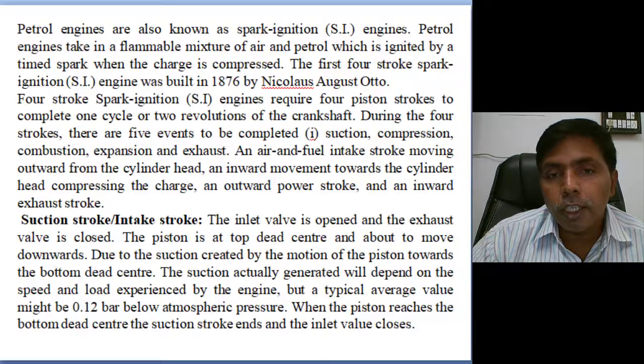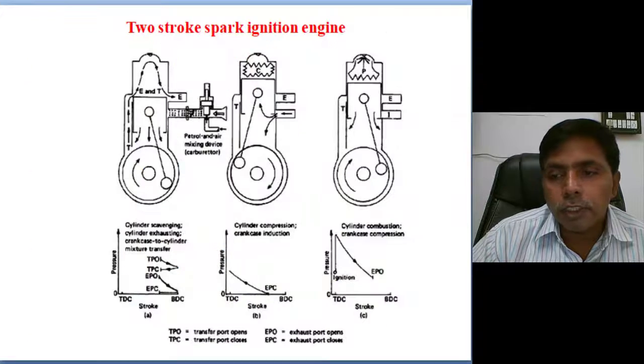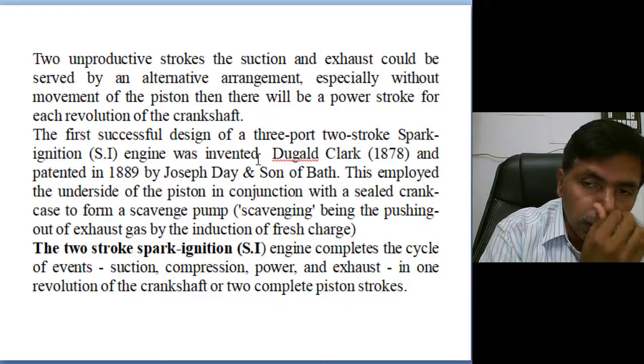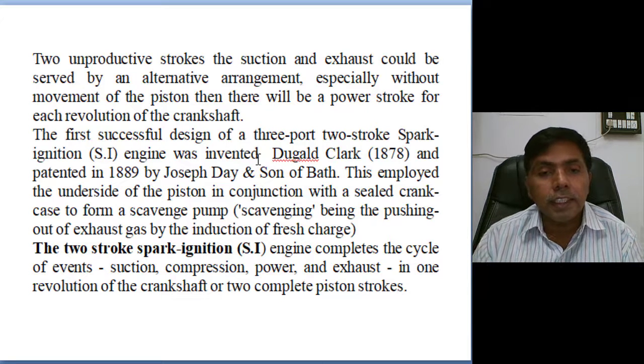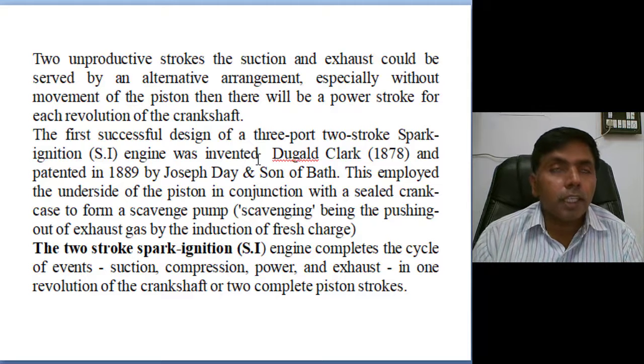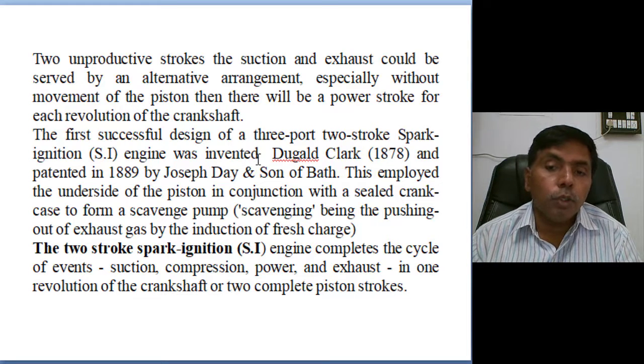But coming to the two-stroke engine, the two-stroke engine was first invented by Dugald Clerk in 1878 and patented in 1889 by Joseph Day and Son of Bath. So this is separate. This is not proposed by Otto.